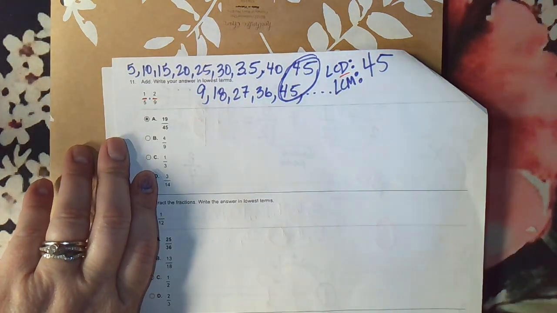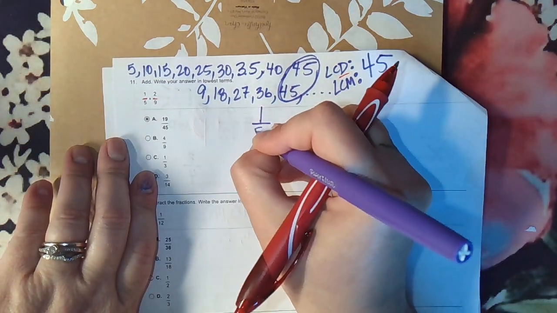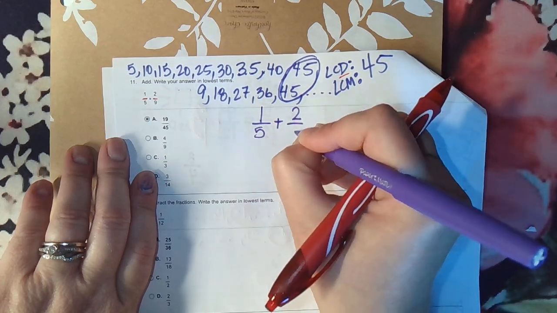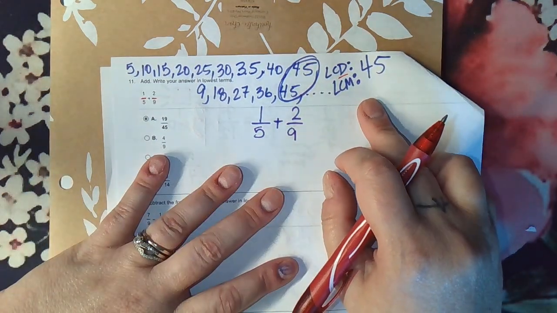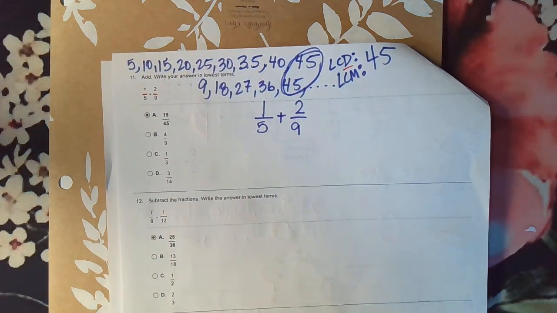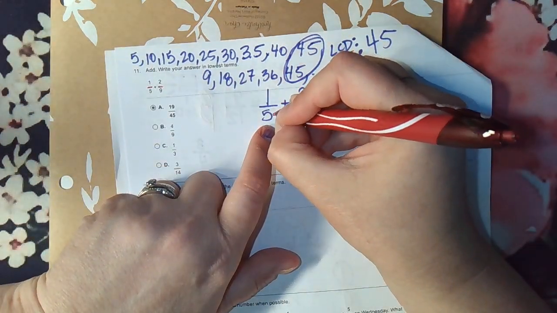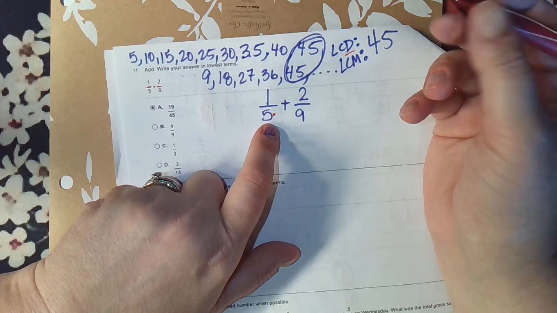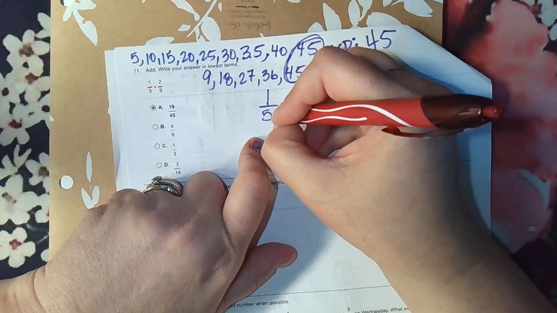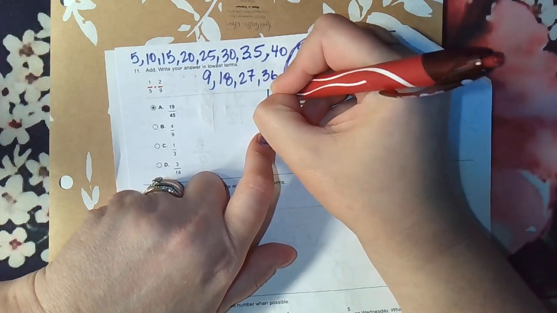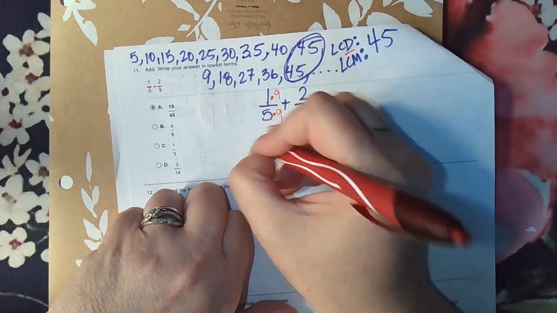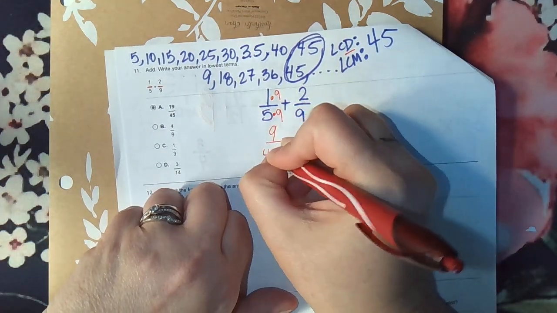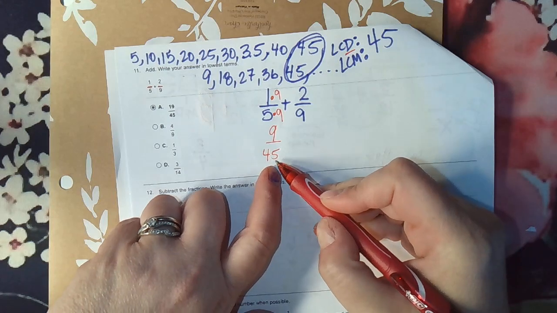I need that 5 on the first fraction and that 9 on the second fraction to become 45s. So we're going to have to multiply by something. What times this 5 on the bottom will get you 45? The answer is 9. And you have to do that to the top and bottom. So when you multiply that, you get 9 over 45. There's that LCD of 45.